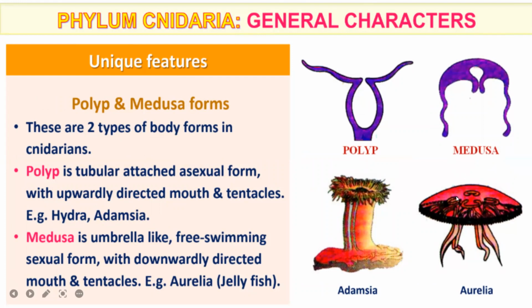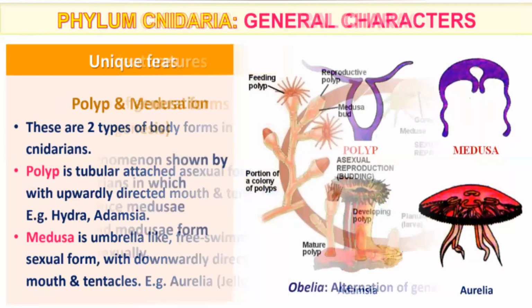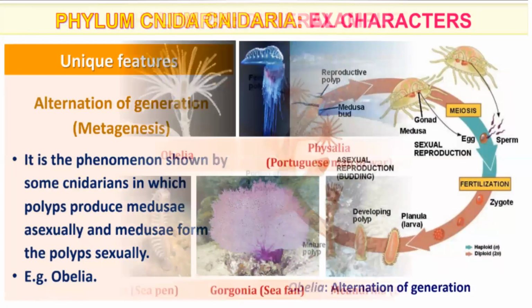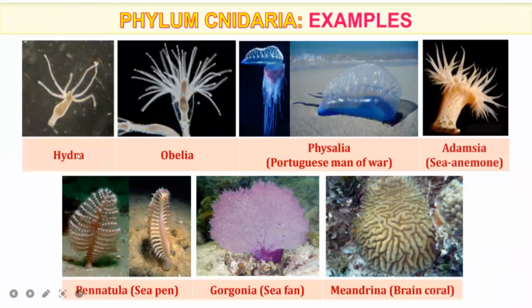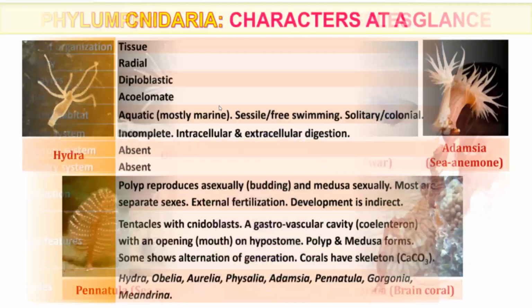Medusa undergoes sexual reproduction to form polyps. These are examples. I told you to remember hydra and jellyfish. These are all the features.